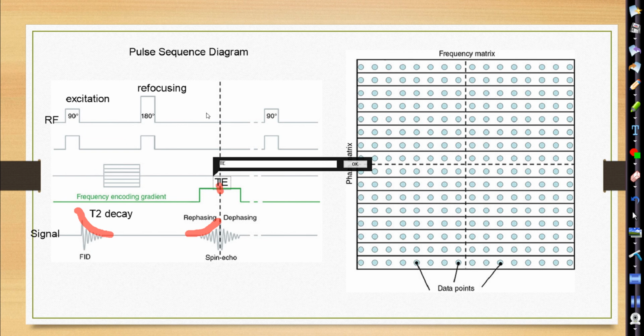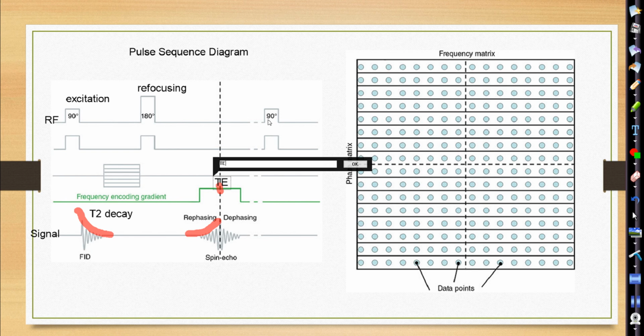Our TR is from 90 to 90. So our TR is always going to be longer than our TE. And remember those numbers that I gave you last unit? The TR you always saw was longer than your TE, right? Because remember, T1 recovery is happening at the same time as T2 decay. Well, which one happens faster? Signal decays a lot faster than it recovers.